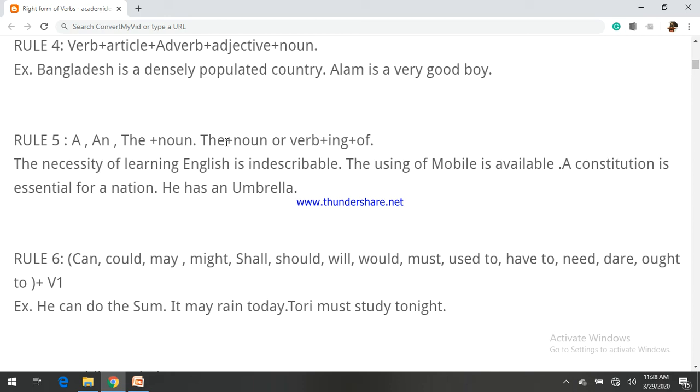After the article the, again verb plus ing can be used, and again a construction after the article, constitution, is a noun. Again the plus noun, the plus verb plus ing works as a noun, and after a here is also a noun. And after an, here is also a noun, umbrella.